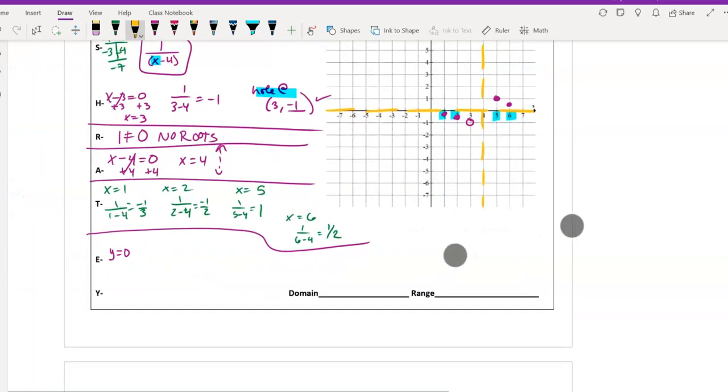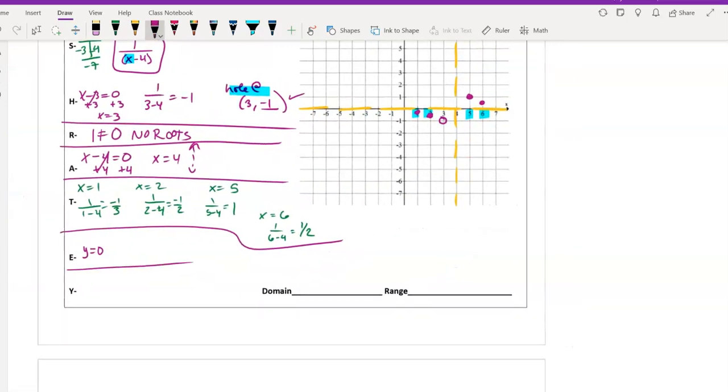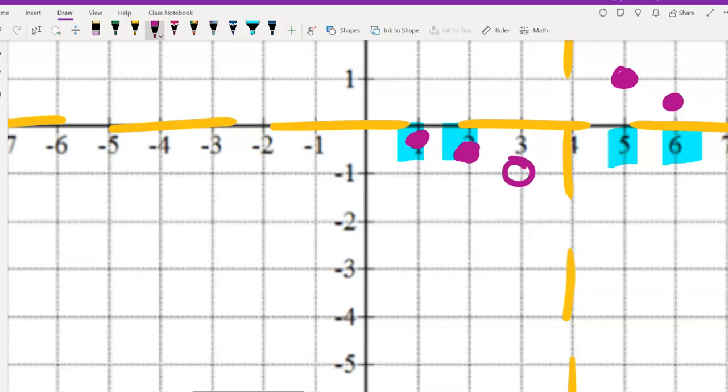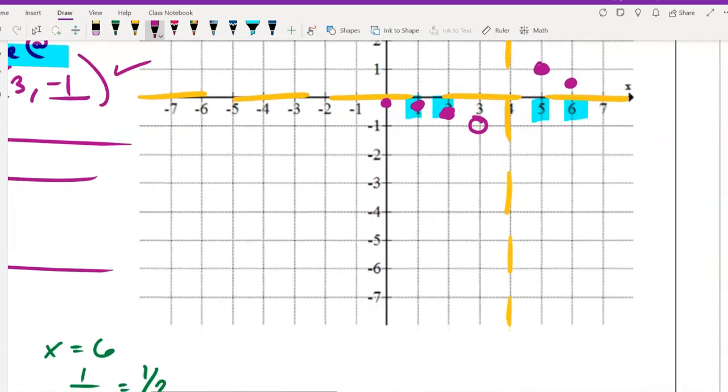There we go. And the last one, y-intercept. Plug in 0 for x, solve. 1 over -4. So we have a y-intercept at 0, -1/4, which is going to be really close to this line here. Let's go ahead and connect.